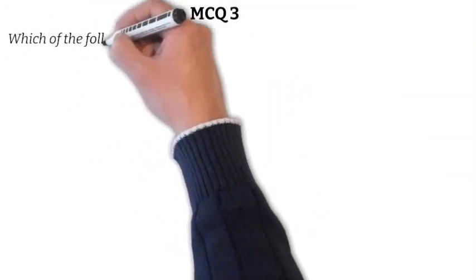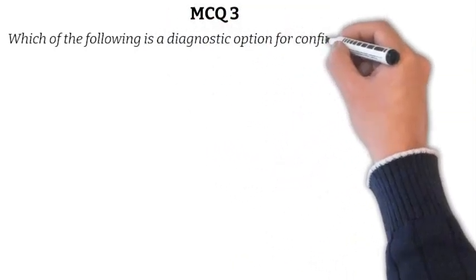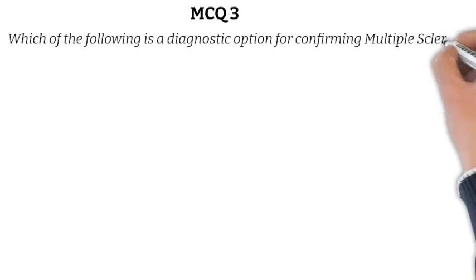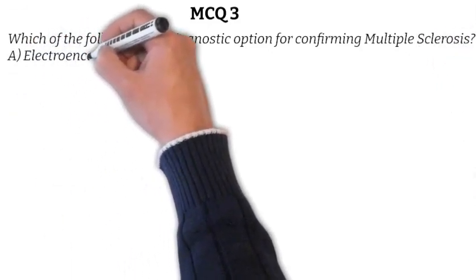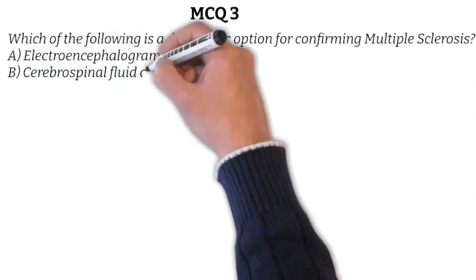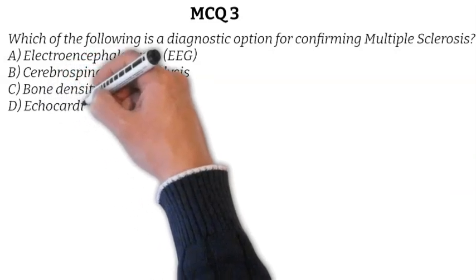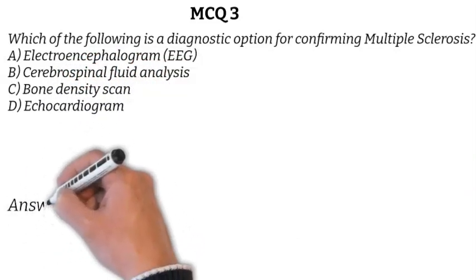MCQ 3, or multiple choice question number 3. Which of the following is a diagnostic option for confirming multiple sclerosis? We have the diagnosis, we did the imaging. How to confirm it? EEG, cerebrospinal fluid, bone density scan, echocardiography.